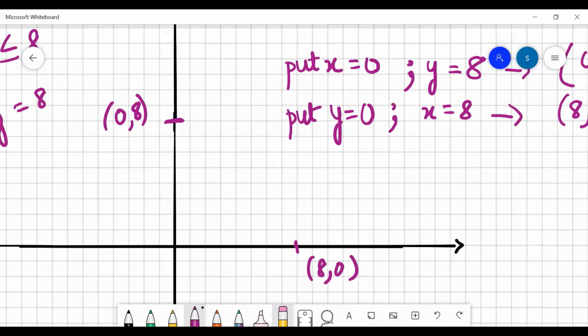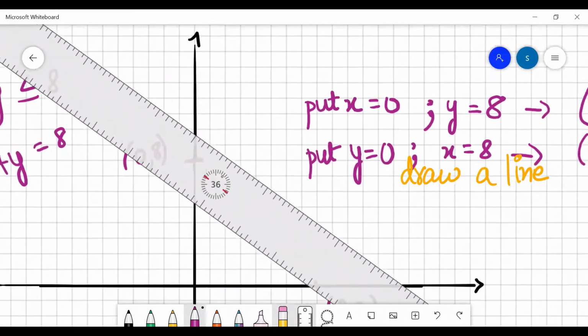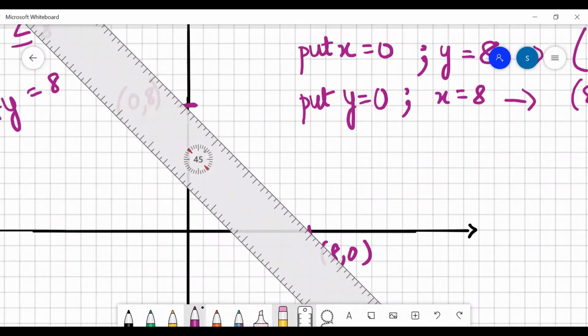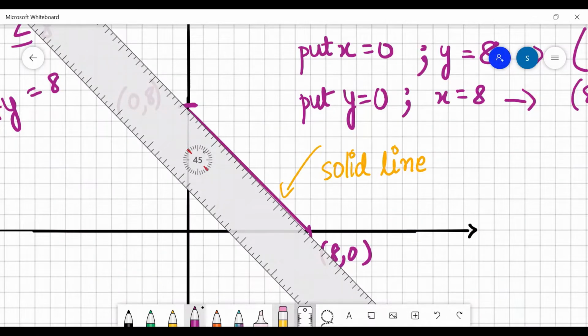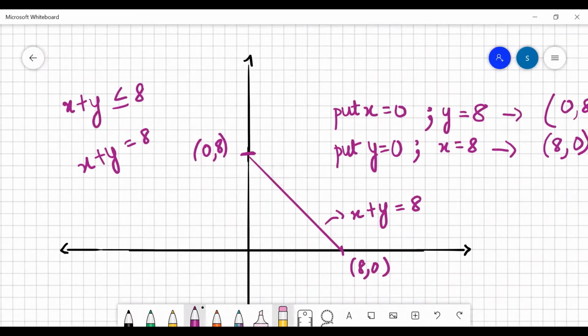Now just draw a line joining these 2 points. So that would be something like this. This is x plus y equal to 8. Now you notice that I drew a solid line because x plus y also includes 8.